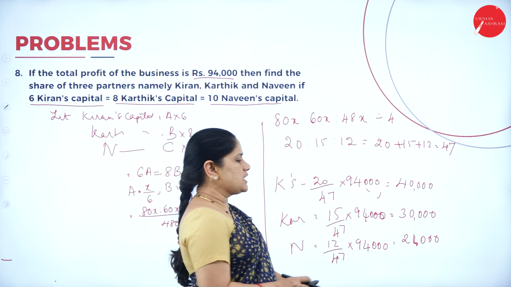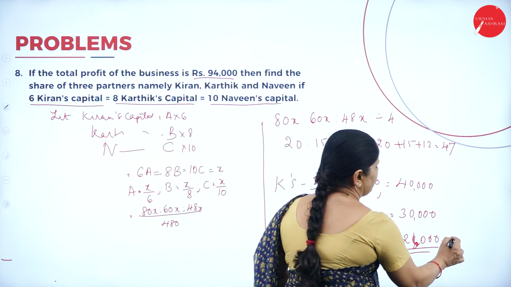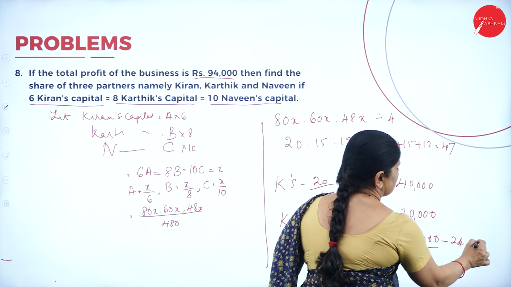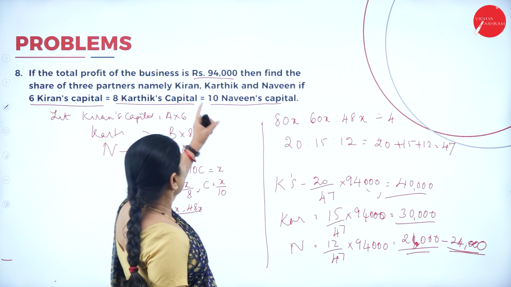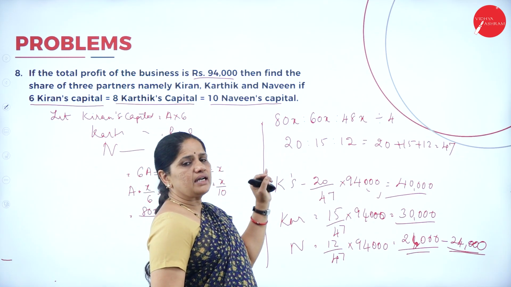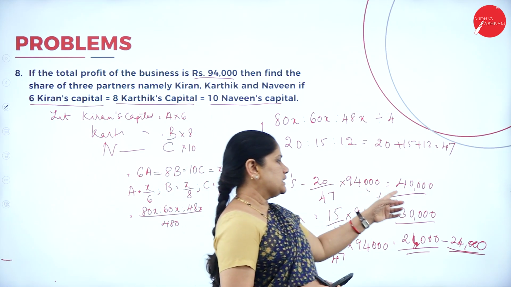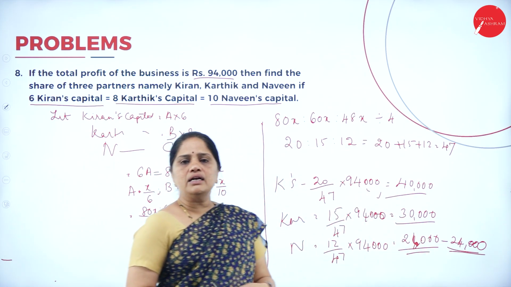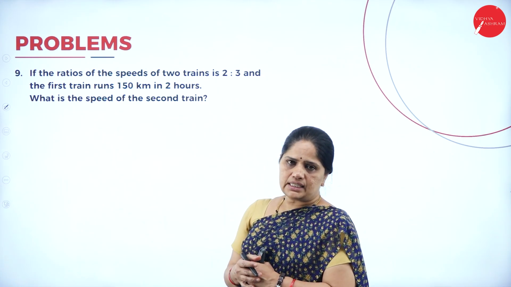Then 12 by 47 into 94,000, I get the answer as 24,000. So, this is the answer. Now, we have shared this 94,000 among Kiran, Karthik and Naveen as 40,000, 30,000 and 24,000.